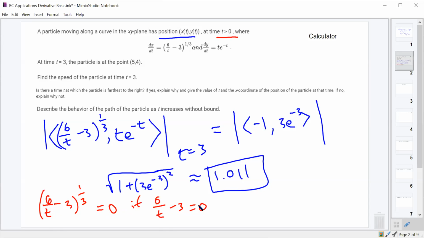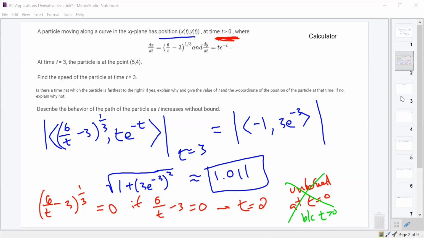Which would give us what? t equals 2. And then what about undefined? It'd be undefined at only one value, t equals 0. But since t equals 0 is not included in our domain for our t values, we can ignore that, right? We can ignore it because t is greater than 0. Everybody good with that so far?